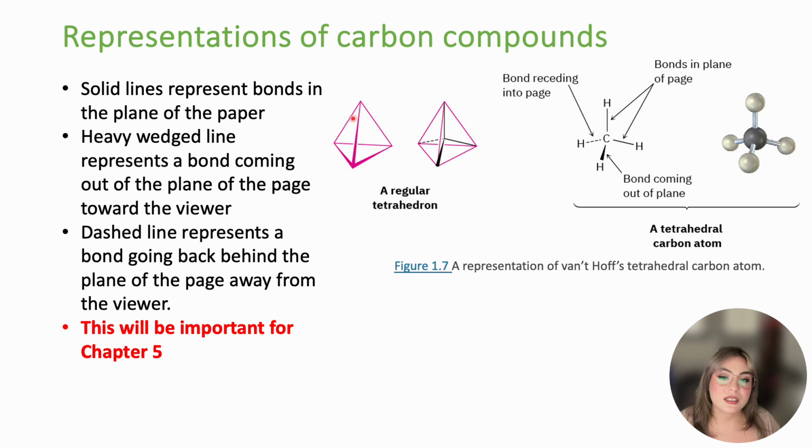It's sort of like a pyramid, and it has 4 faces. It has 1, 2, and then the one in the back, 3, and then 1 at the bottom, and they're all triangle shaped.